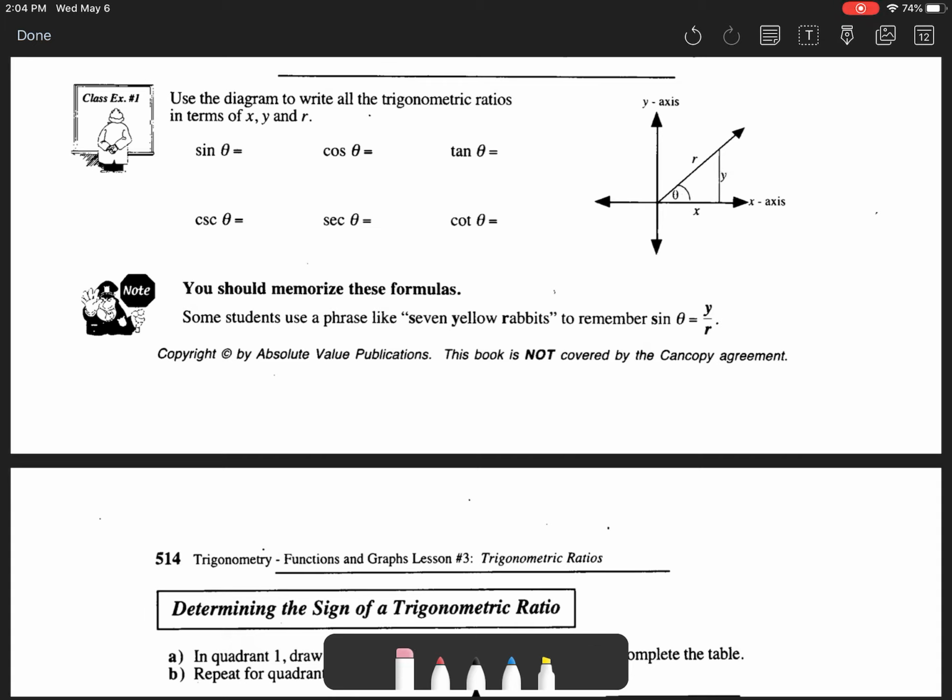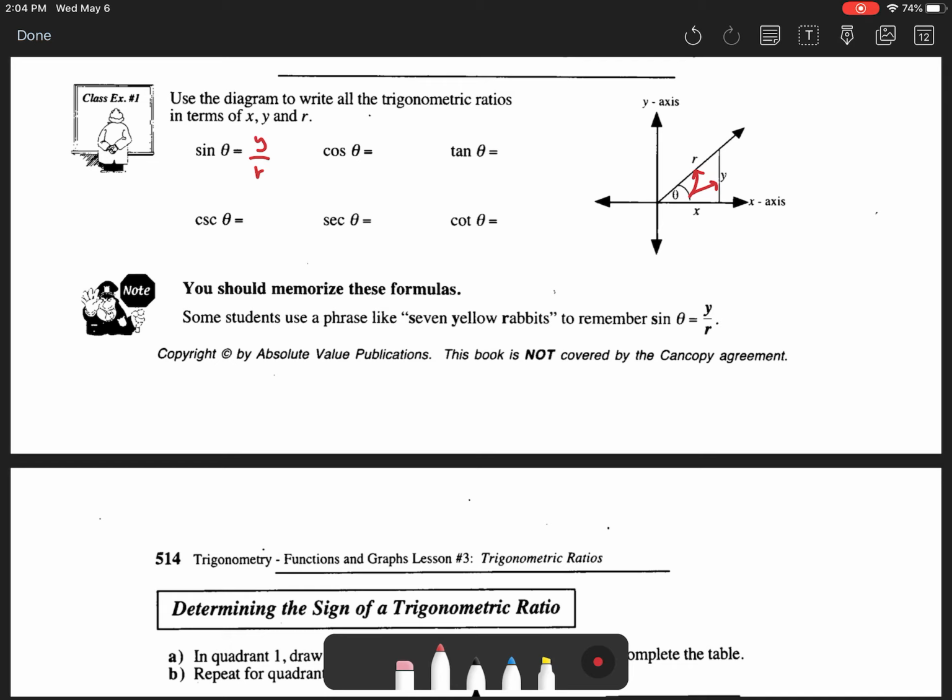Taking a look at this triangle, I'm going to start with sine of theta. If this is theta, there is the opposite and there is the adjacent. So sine will be y over x. Opposite over, oops, nope, that is 100% wrong. I am so sorry. Sine is opposite over hypotenuse, so that is y over r.